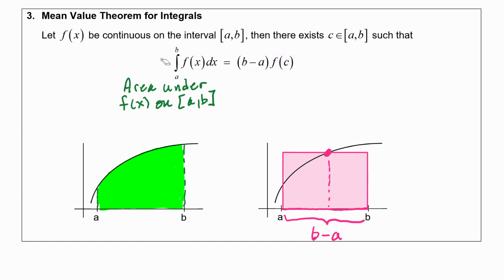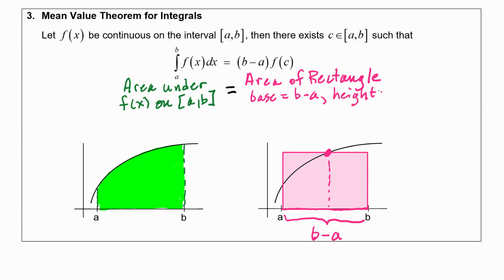So this area under f of x on a to b given by this definite integral is going to be equal to the area of the rectangle where the base is equal to b minus a and the height is equal to f of c.